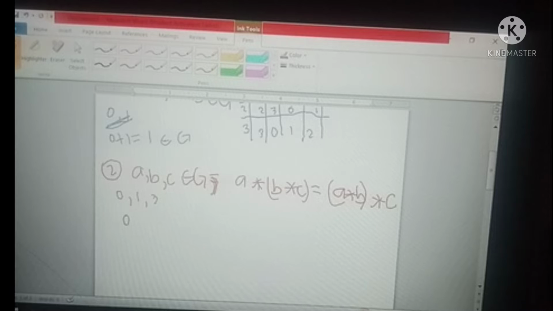Since our binary operation, this star, is not generic but the specific binary operation, which is addition, we check whether 0 plus the quantity 1 plus 3 is equal to 0 plus 1, plus 3. We will verify by using the Cayley table.